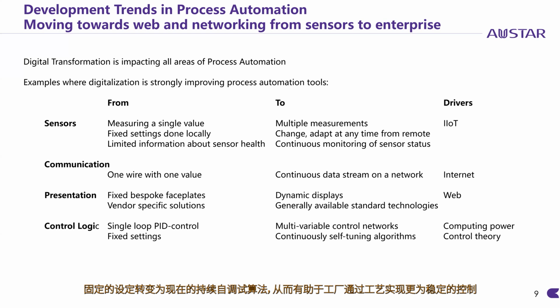Today, we can have continuously self-tuning algorithms, which really helps to stabilize our plants and get better control over our process. So the process industry, which was something separate and special for a long time, is now moving towards web and networking, and that from the sensor up to the enterprise level.